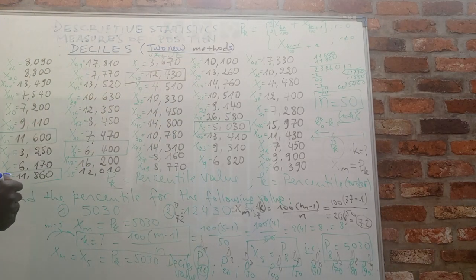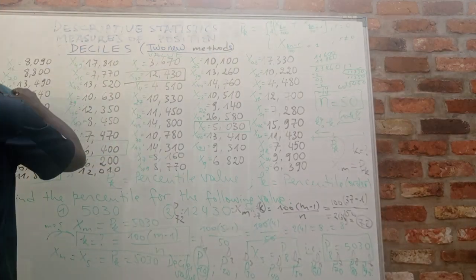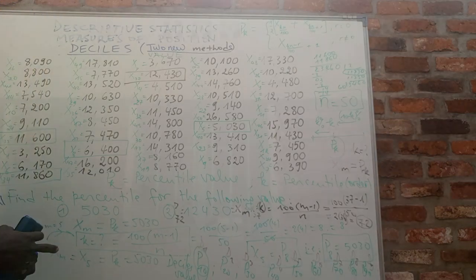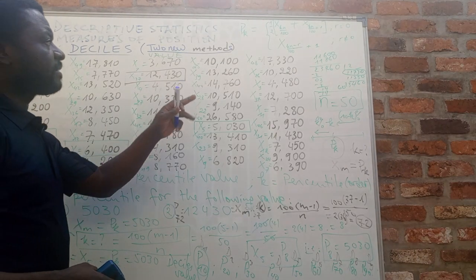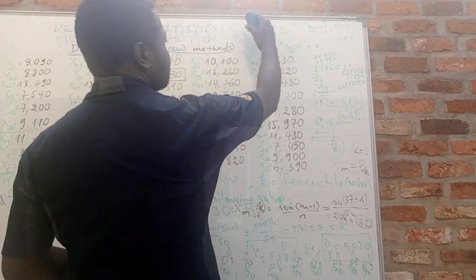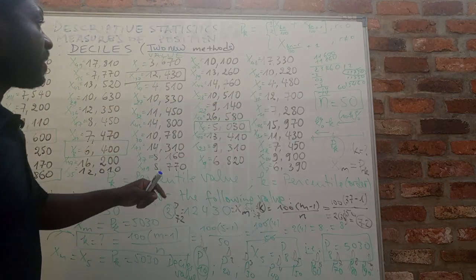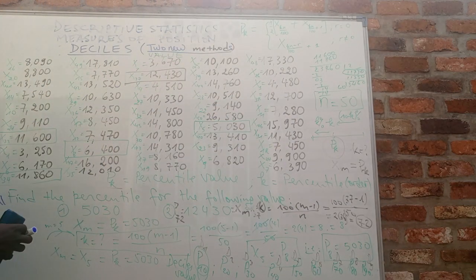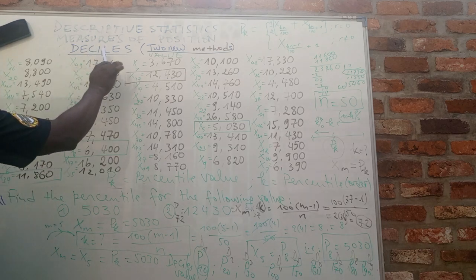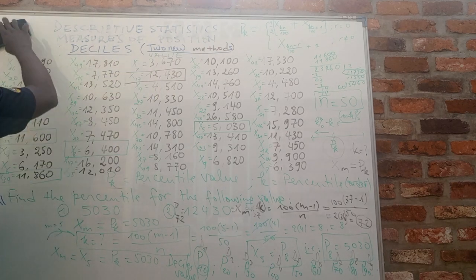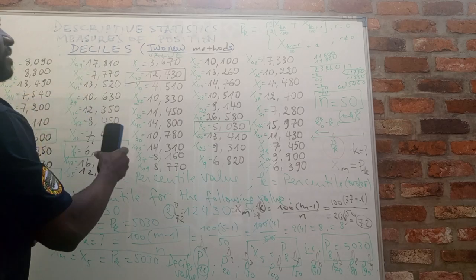Okay, so last time we considered this univariate distribution, and the formula here was to calculate the percentage. Now today, I'm going to be talking about some particular percentiles called deciles.